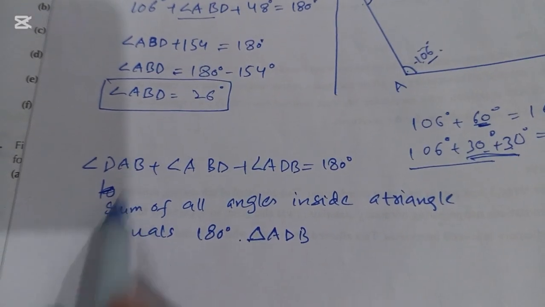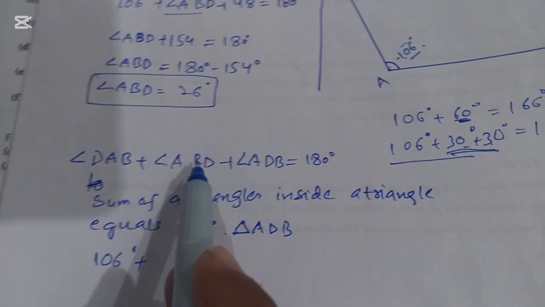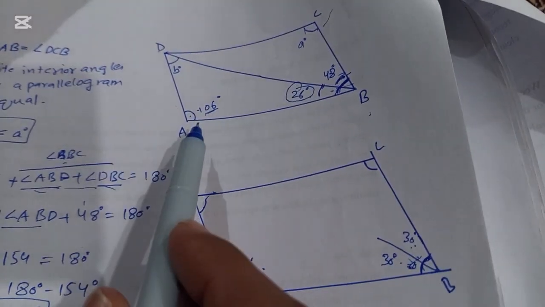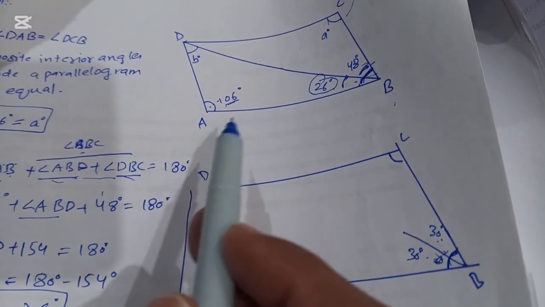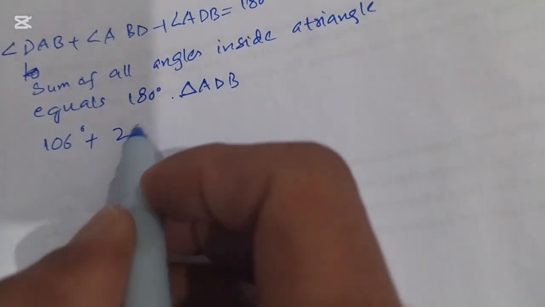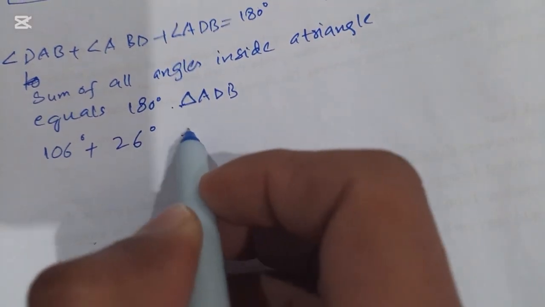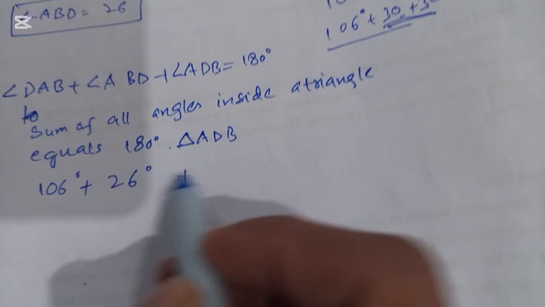So we are given the value of DAB and that is 106 degrees plus, are we given the value of ABD? Let's check out. A, B and D, yes, exactly, we are given its value is 26 degrees. ABD starts from A, B and D, so this angle, its value is 26 degrees. So instead of writing ABD, I'll write 26 degrees. Are we given the value of this ADB? No. This angle, this is what we have to find out.